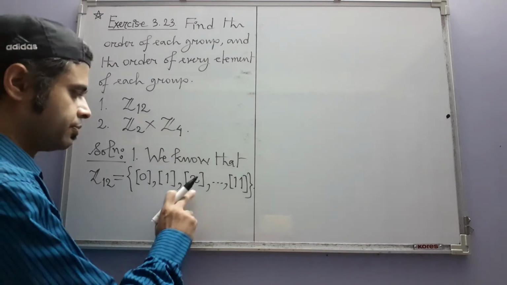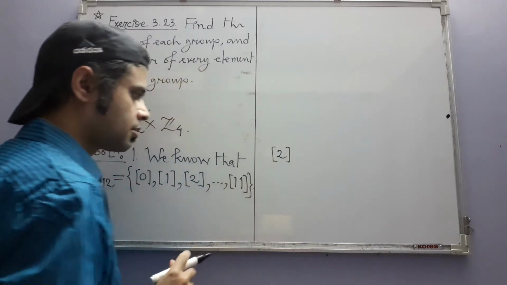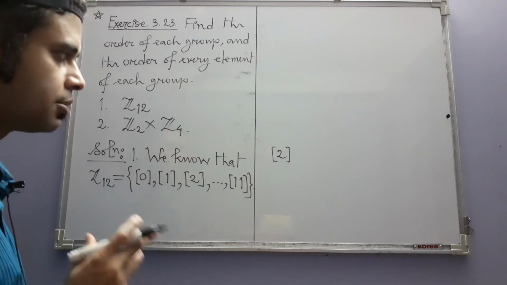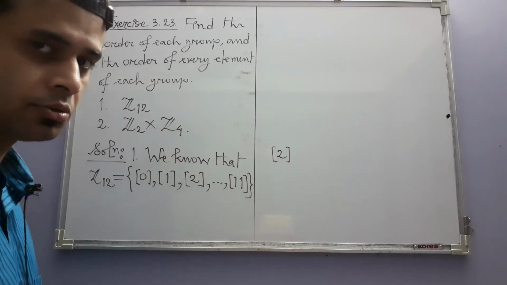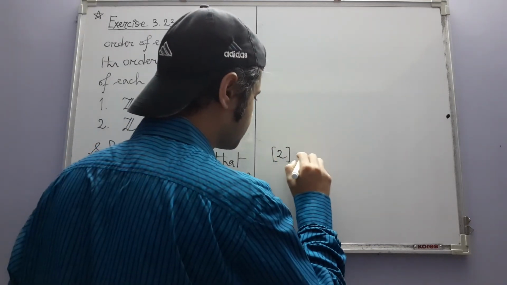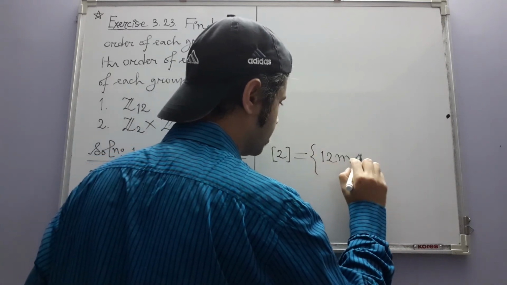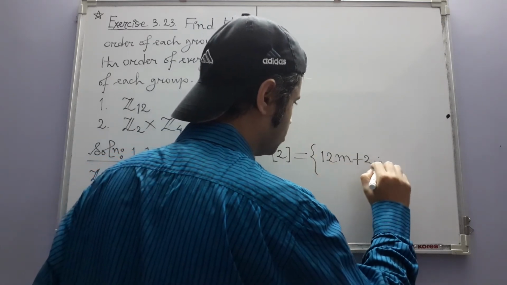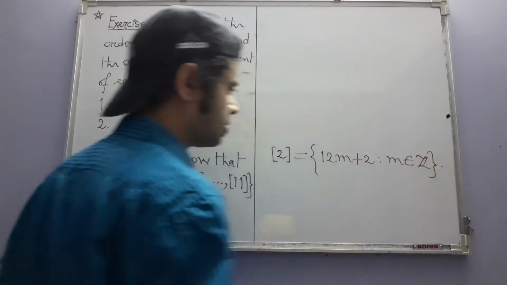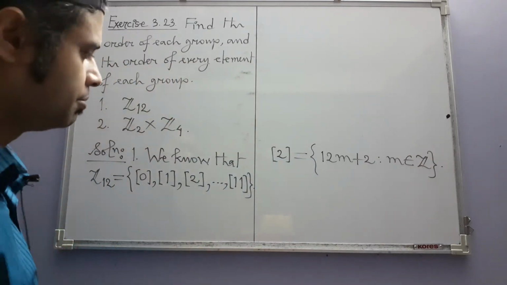For example, this element is a set of integers consisting of precisely those integers that leave the remainder 2 when we divide them by 12. So they are of this form: 12m plus 2, where m varies over the set of integers. Like that, the other congruence classes also have their meaning.